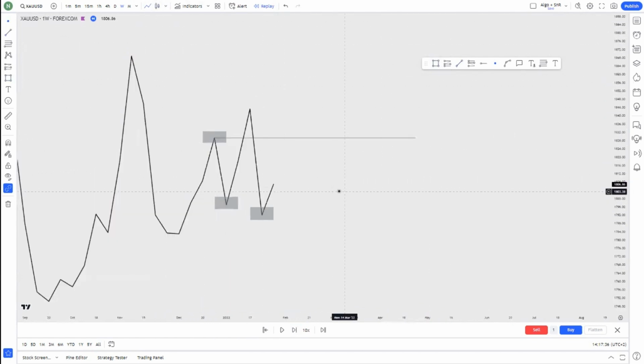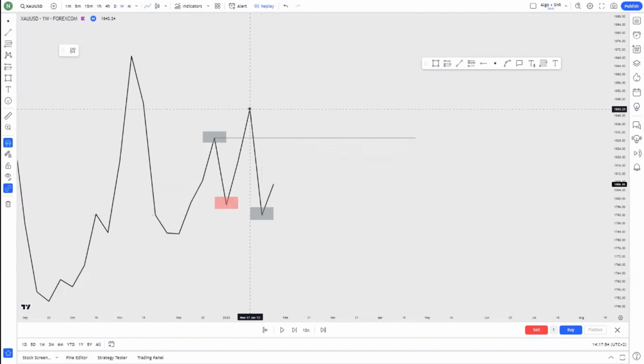Then by doing so, you see that this becomes a V that failed to hold this support right here, that failed to present bullish price, and now is failing to give us bearish price action.